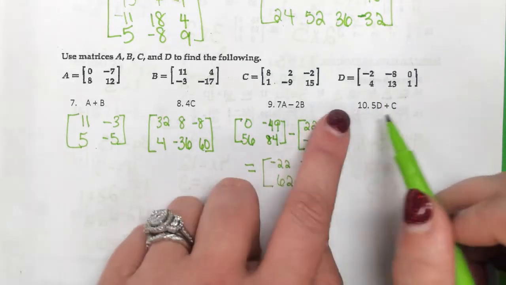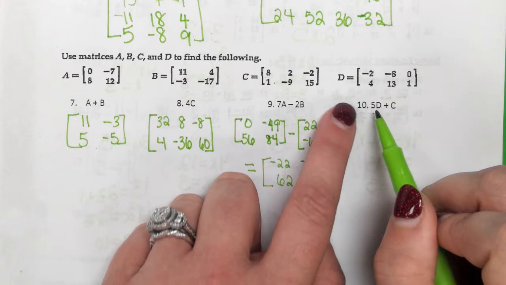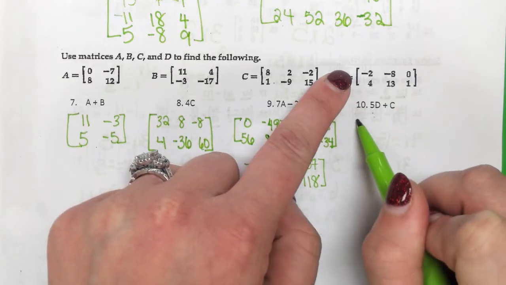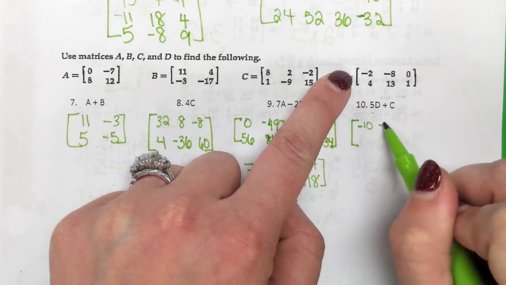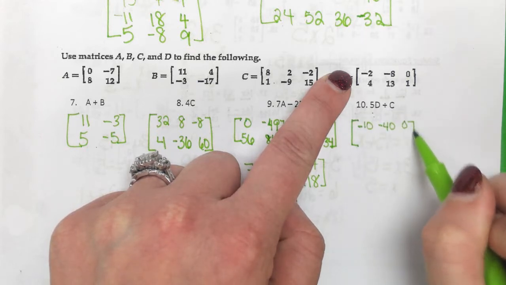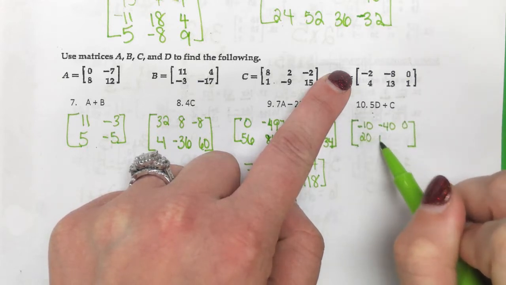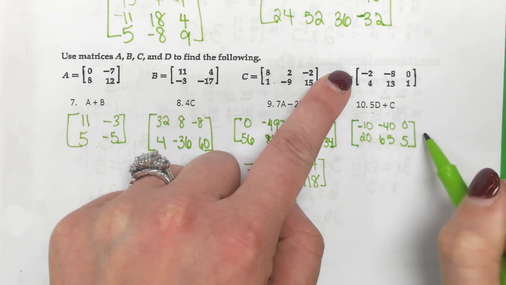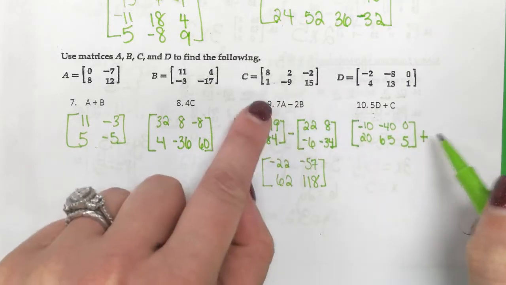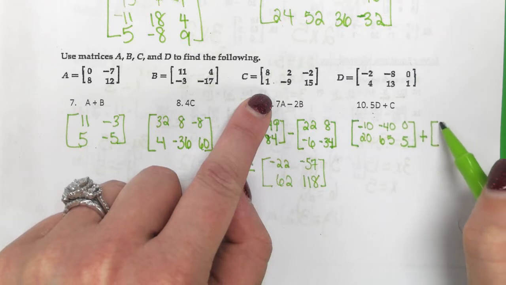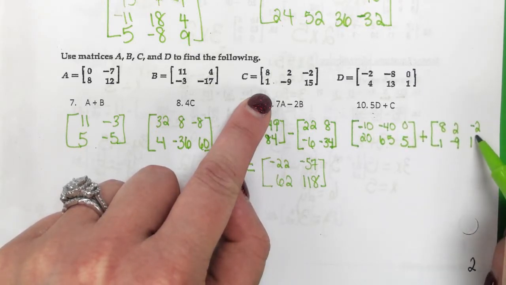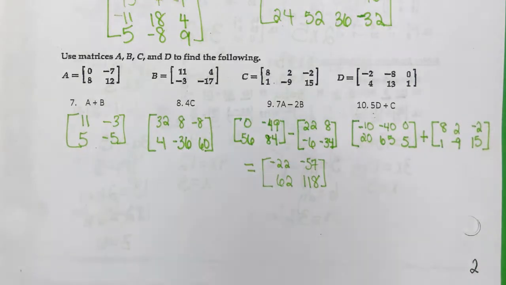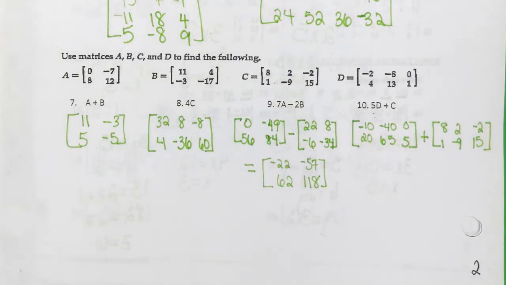Alright, last one, number 10. What do we got to do here? Multiply D by 5. Tell me what I get whenever we do that. Negative 10, negative 40, 0, 20, 65, and 5. Perfect. And we're going to add C. So we just need to write that down for a second. Y'all okay with that?